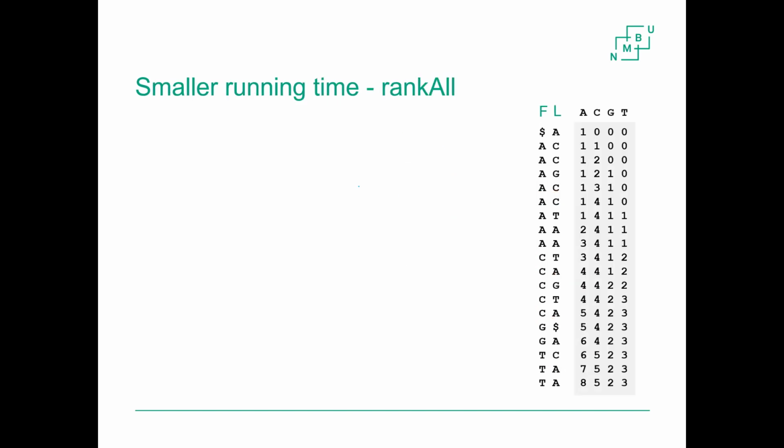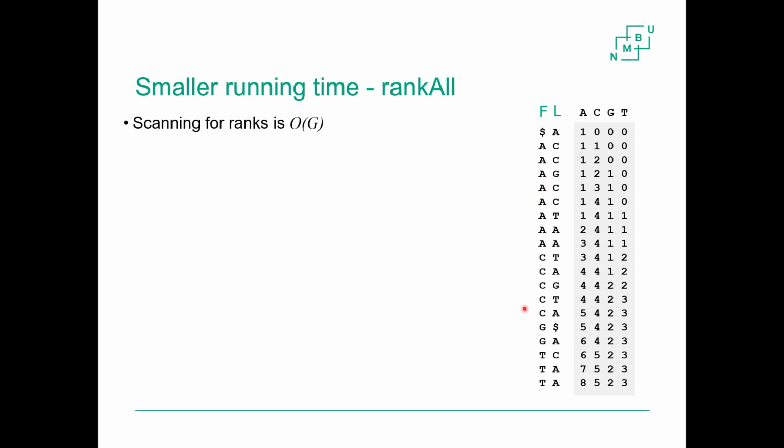So this works, but it's still sort of slow, because the running time of scanning for the ranks still grows linearly with the size of G. Remember, for each step we looked up the C section in this column, and then looked for the preceding symbols in that C section and in the A section and in the T section.